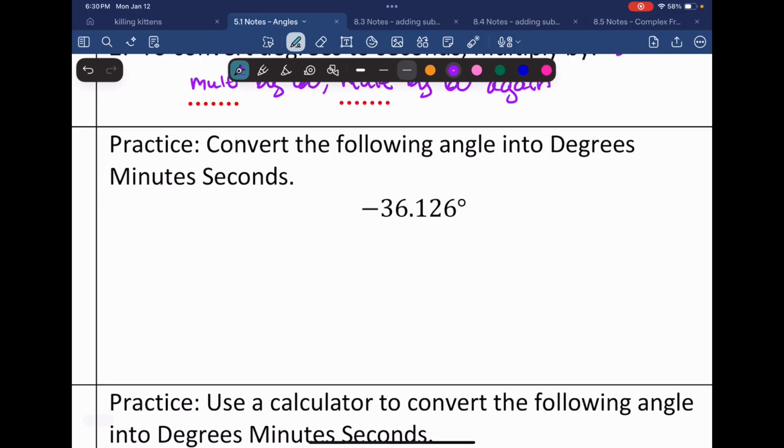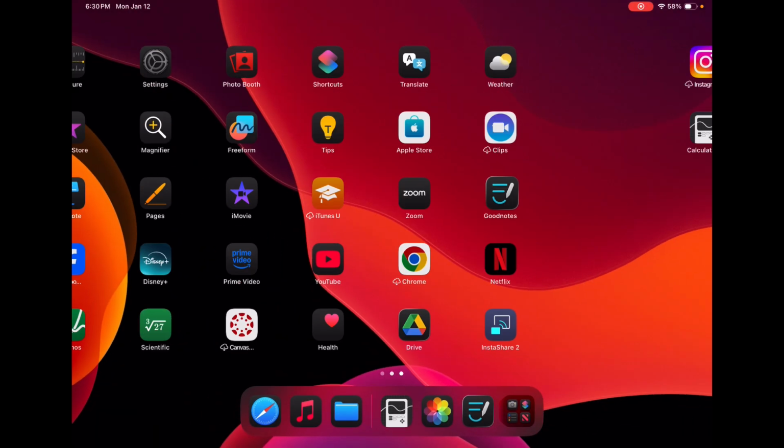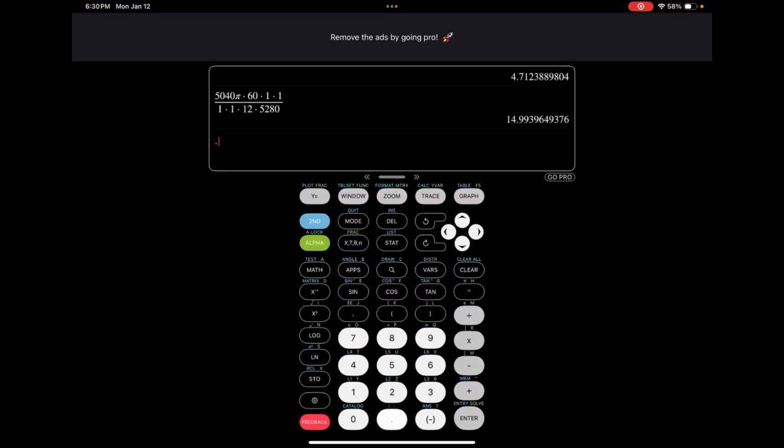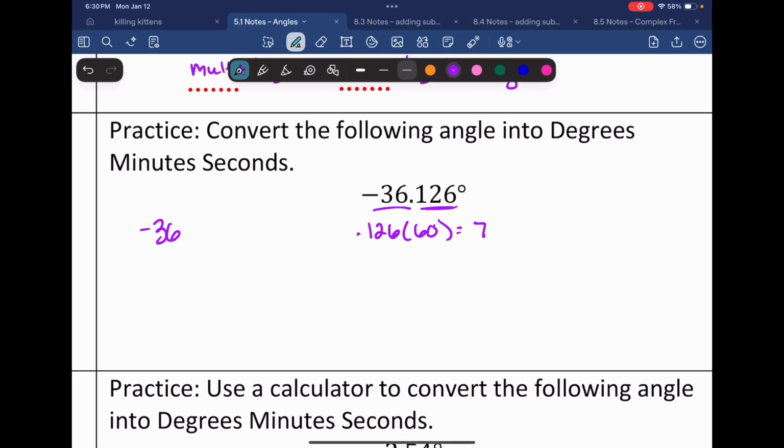All right, so we keep the whole number just as it is. And you take the decimal and multiply by 60. That's going to get your minutes. So 0.126 times 60 is 7.56.